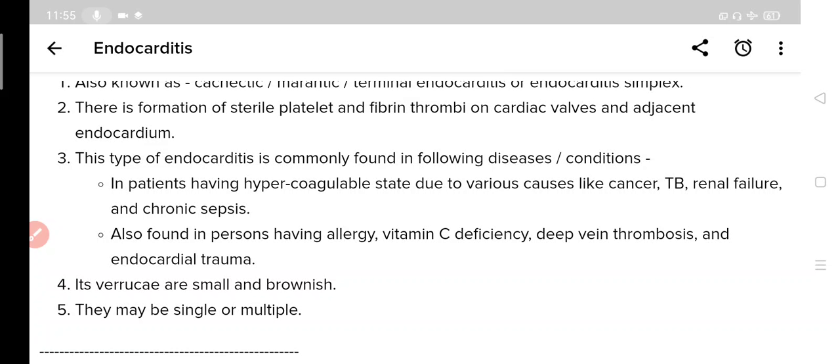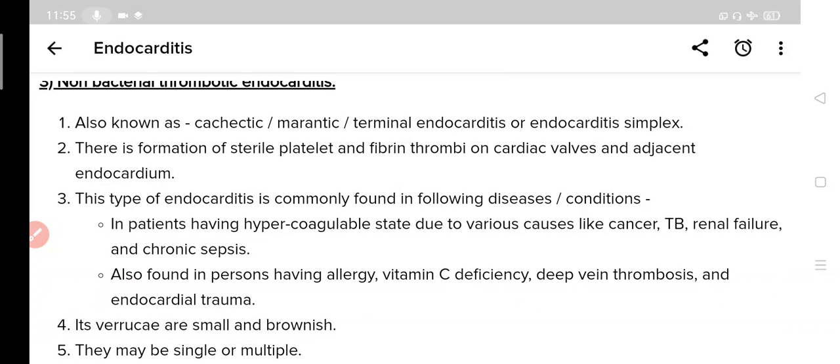So, in the first cause, when you look at cancer, TB, renal failure and chronic sepsis, what happens is that in all these four conditions there is weight loss and weakness of the patient. So, the terms for weight loss and weakness are cachectic and marantic. Cachectic means weight loss, marantic means also weight loss and weakness of a particular organ or the whole body.